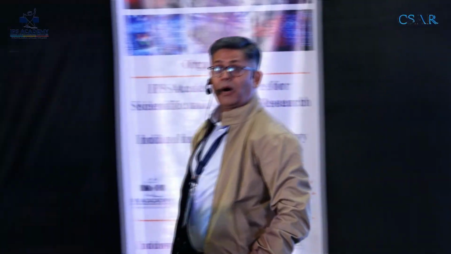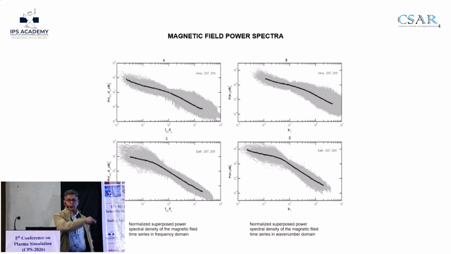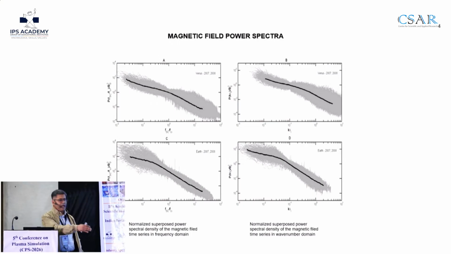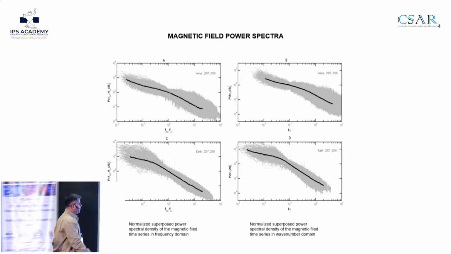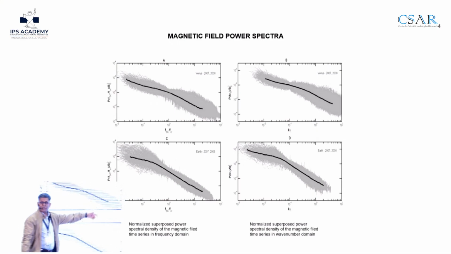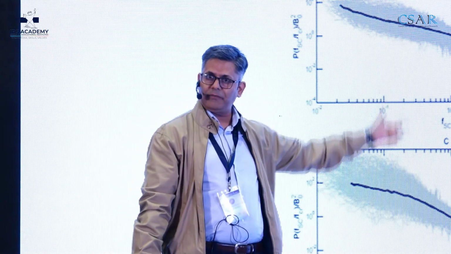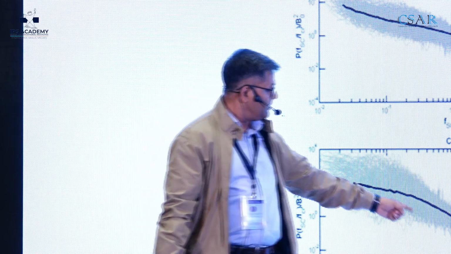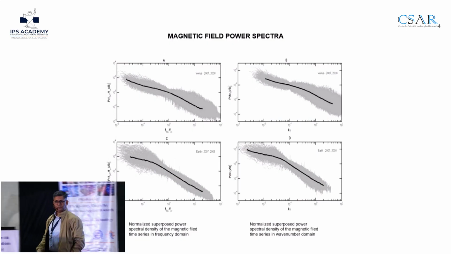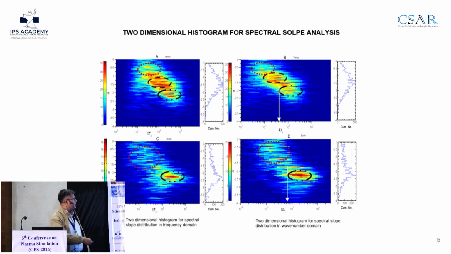In the spectra, we have the power law trend from low to high frequency side, and there is a slight dip at low frequency side, after which the spectra become steeper. These two phenomena we have on both planets, but the steepening in the spectra is happening at different scales.